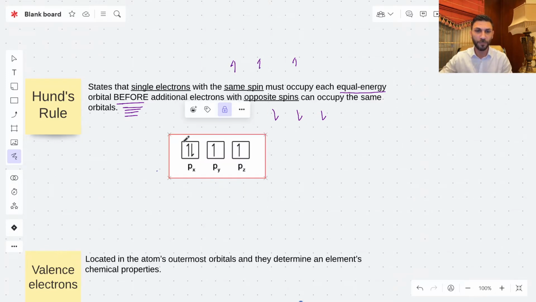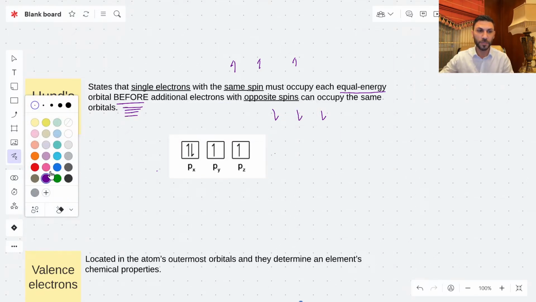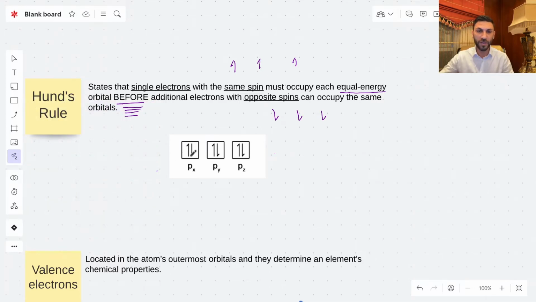So for example, we have here px, py, and pz. That means this is the p orbital as we studied, the p sublevel, and we have 3 orbitals for p, which we call px, py, and pz.